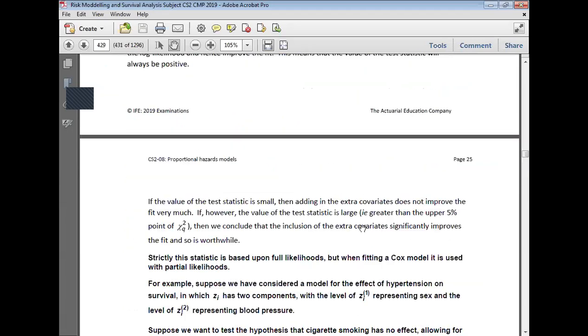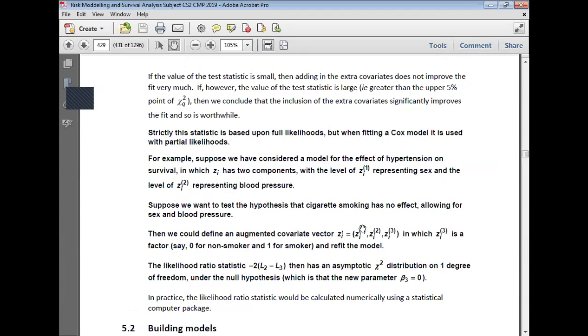Okay, so the next thing that they're trying to check here is what happens if I have some more covariates that aren't any different covariates. So let us look at this example.